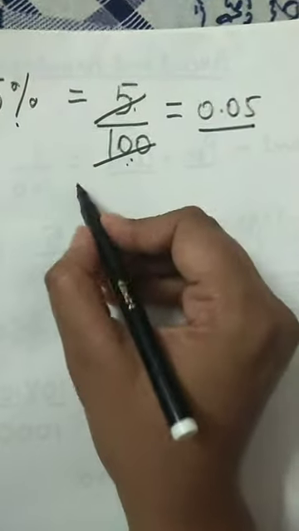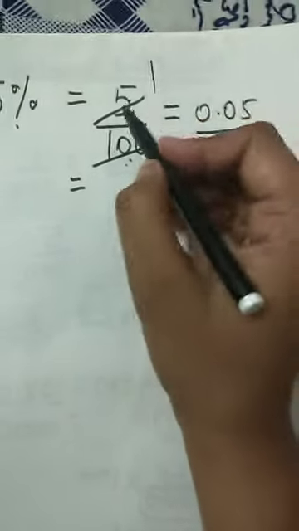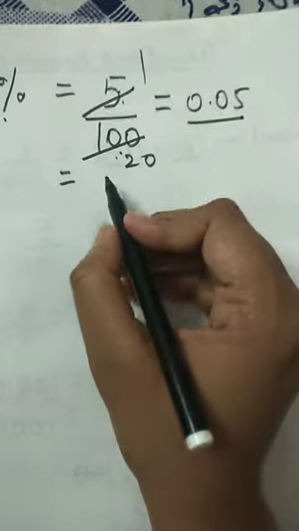Or if you want the answer in fraction, 5 ones are 5 and 5 twos are 10, which is also equal to 1 upon 20.